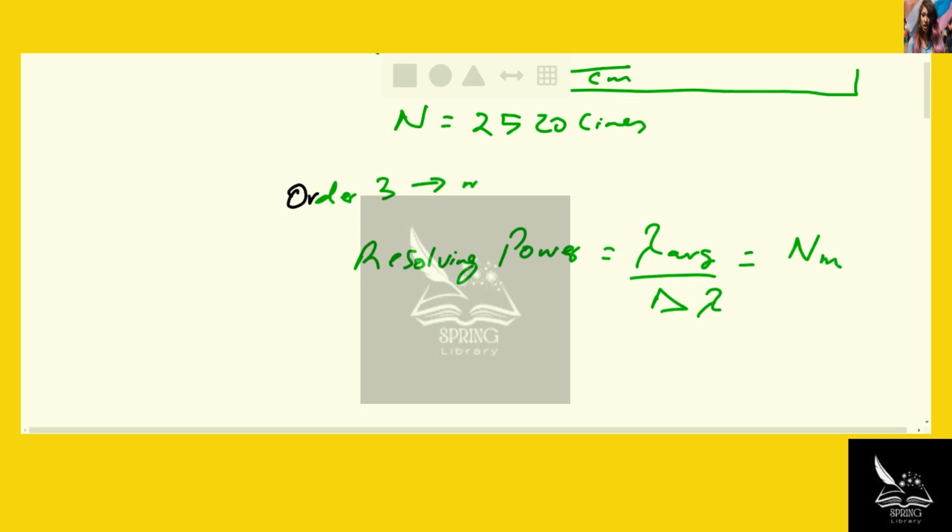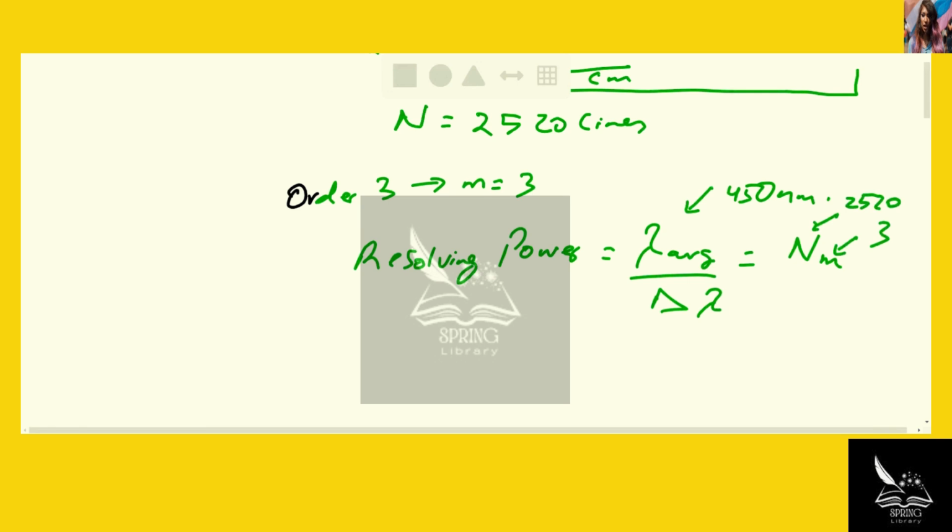This is order 3, m equals 3. And so the average lambda is 450 nanometers, and m is 3. N, you can recall, is 2,520 lines. We did solve for that.